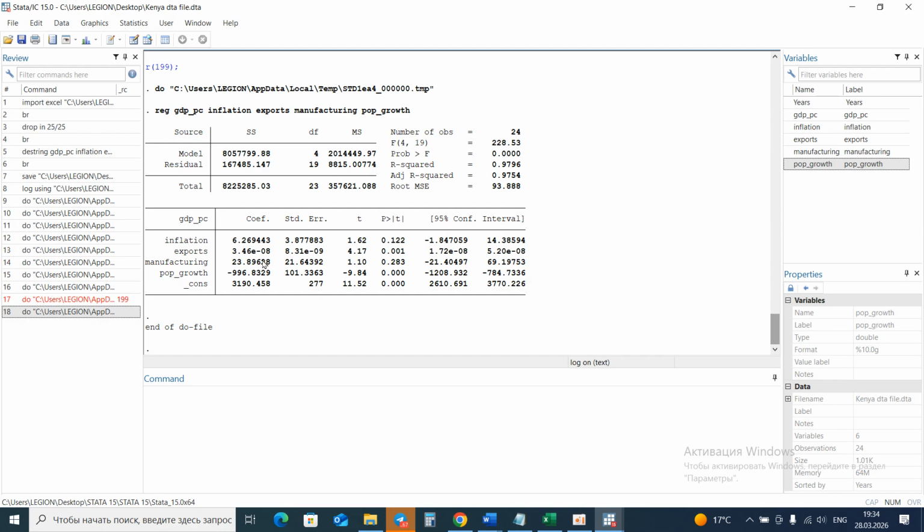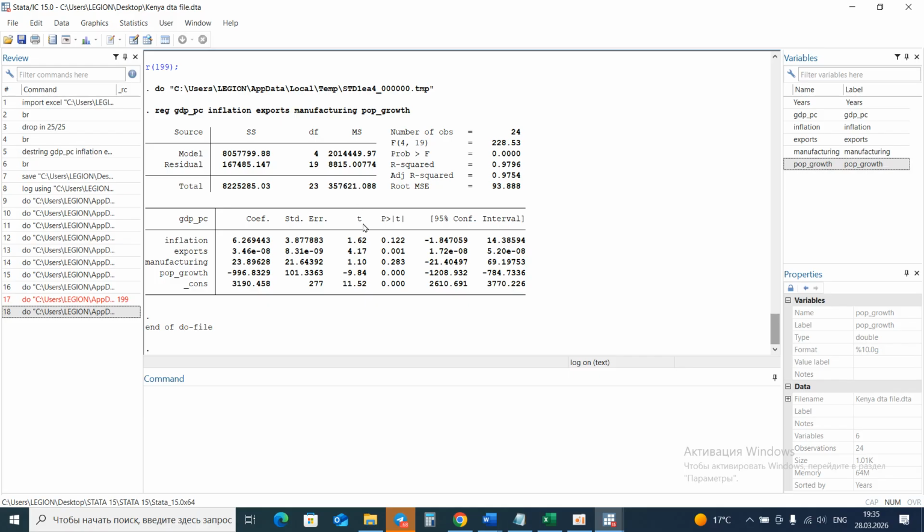These are coefficients that show how much GDP per capita changes when our independent variables like inflation, exports, manufacturing, and population growth change. As you can see, population growth negatively affects our GDP per capita.